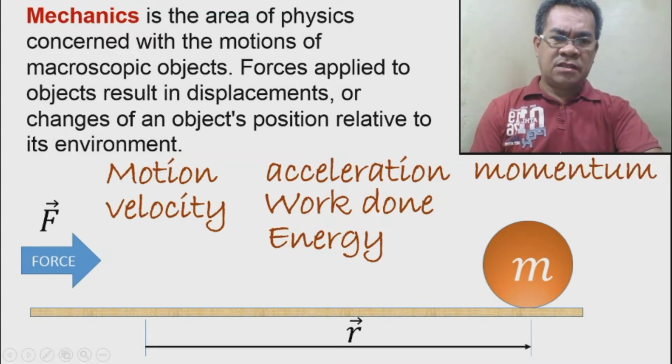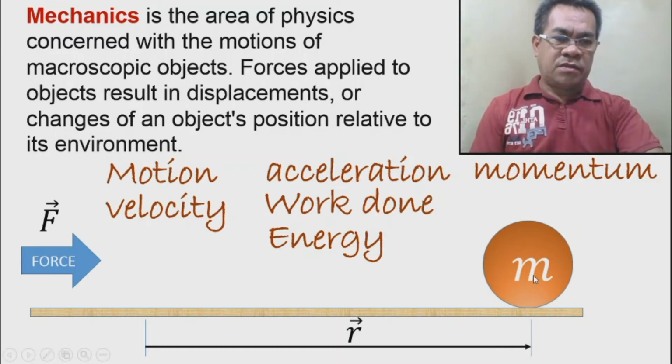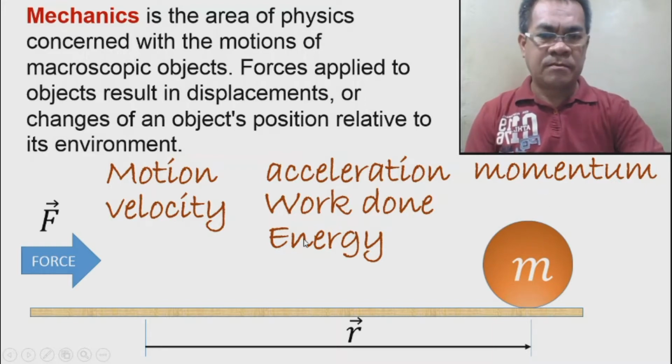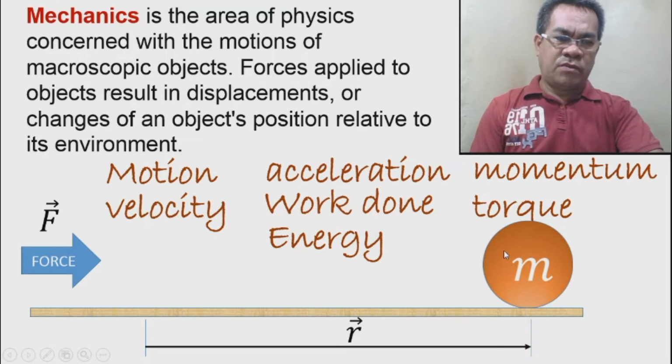Aside from that, we can also have another physical quantity, momentum. This momentum is the product of the velocity of the particle while moving and its mass. So the greater the mass, the greater the momentum, and the greater the velocity, the greater the momentum. These are the results. We also have the torque. It will produce a torque because of the application of force.